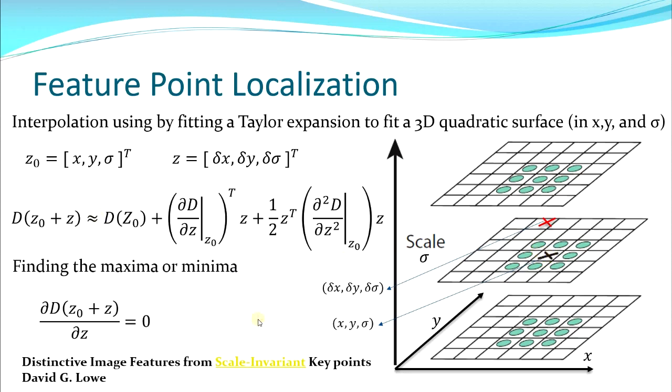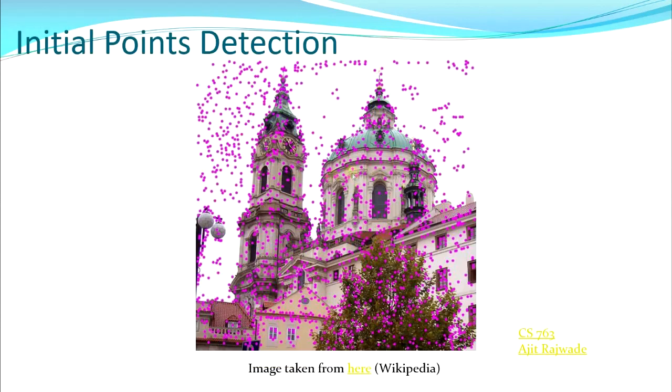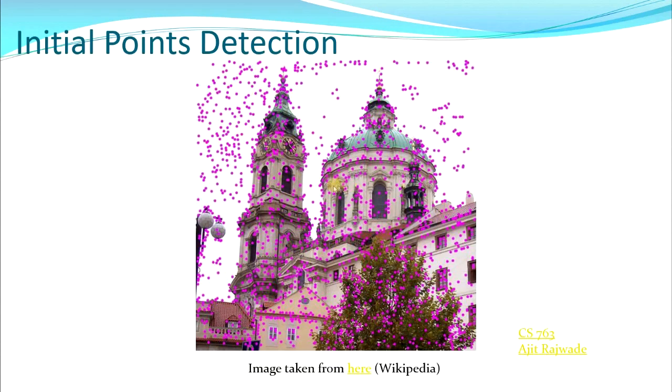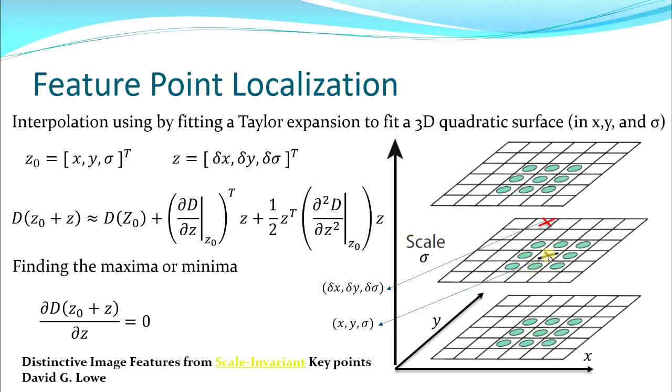Let us first get clear with the notations. I have z0. What is z0? z0 is the location of the actual pixel that is detected. Till here we have detected all the features which have either minima or maxima in their neighborhood. Considering one particular feature, suppose I consider this feature over here, this is the point, and its x, y, sigma is z0.